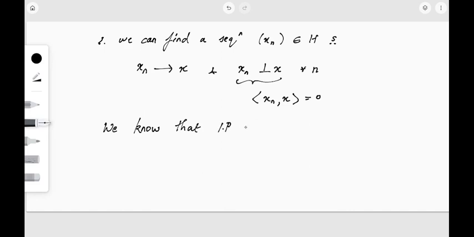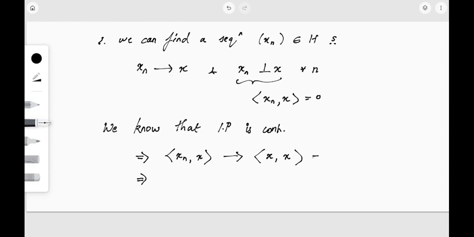So as it is continuous, inner product xn, x will converge to inner product x, x. Since the inner product is continuous and xn converges to x, we can say that inner product xn, x converges to inner product x, x. So from this, what is inner product xn, x? We had said that it is 0. And what is inner product x, x?